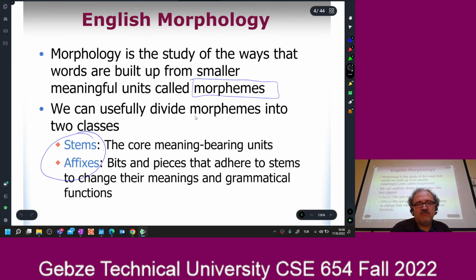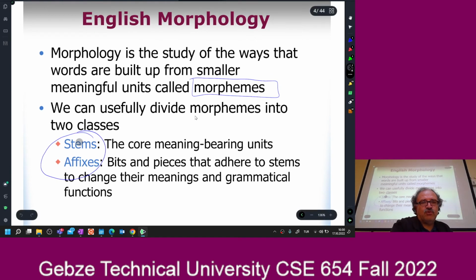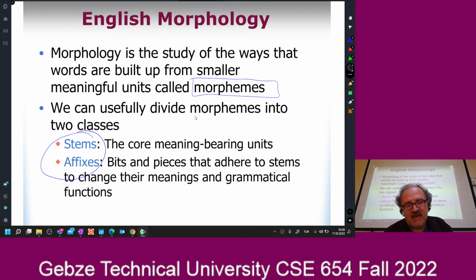Usually in Turkish we have suffixes, not prefixes. Stems are the roots, kökler, okay? So we keep adding suffixes, or affixes, to the end of the words to make other new words or to get inflectional forms of the words.